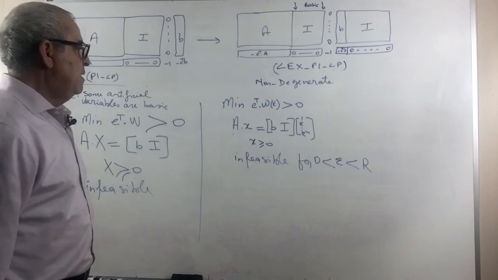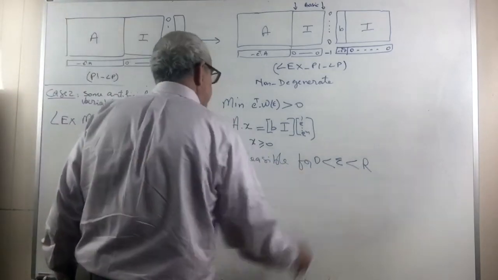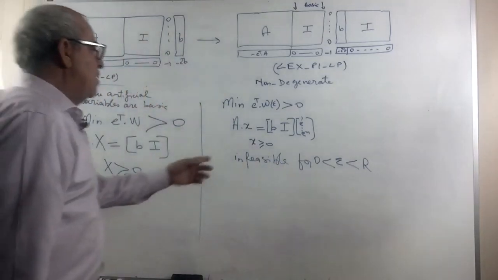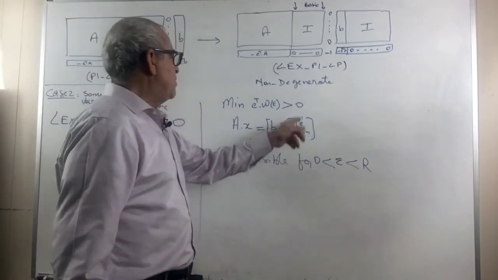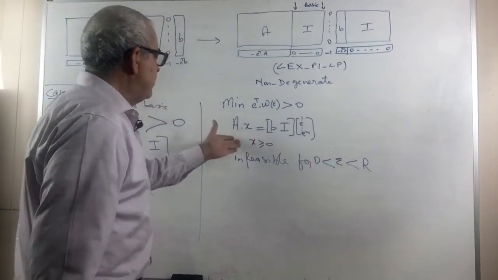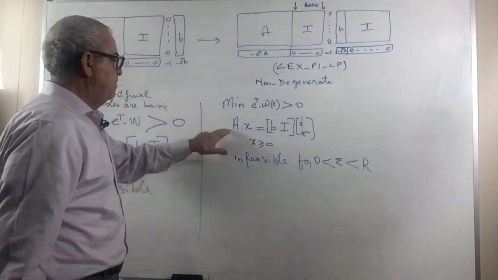And we know what r is. Any epsilon between these two values, if you plug them in here, we get a system of equations that has no solution.